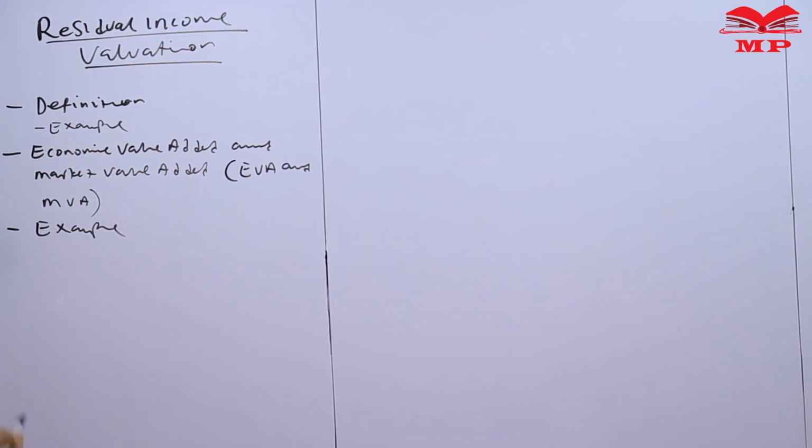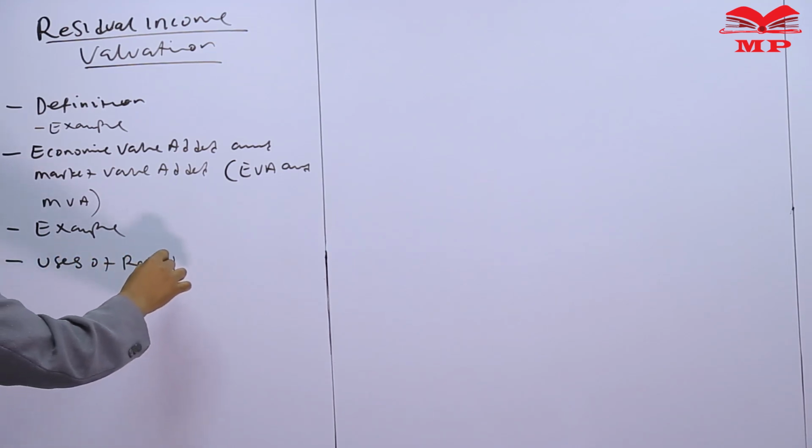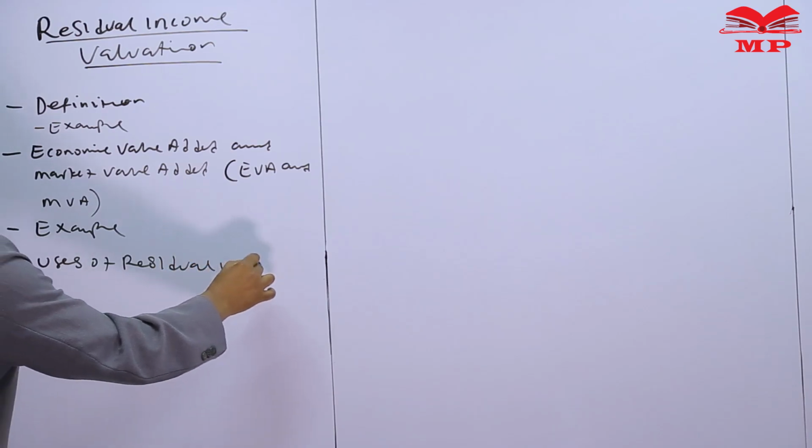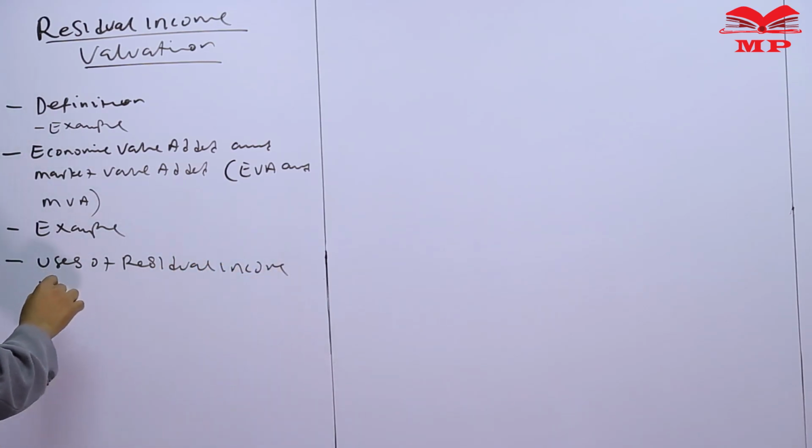Then we'll look at the uses of residual income valuation there. Once we've looked at the uses of residual income valuation, we will move ahead and look at the intrinsic value of common stock based on residual income.